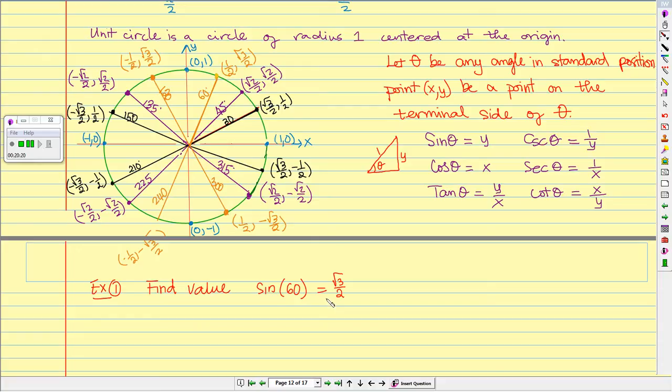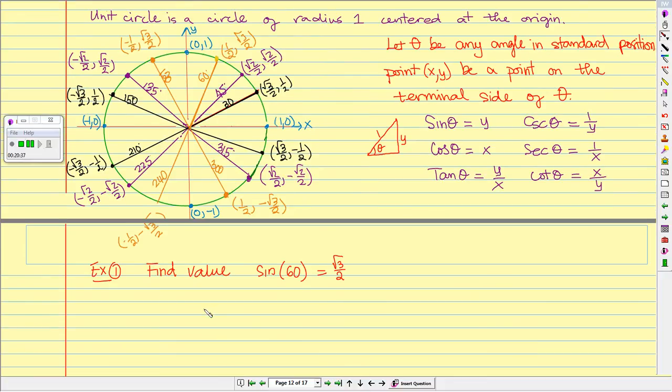So it means that you really don't have to use the calculator if we give you angles that are multiples of 30, 45, or 60. So let's look at the next one. Now we want you to find the value, so this is example 2. Find the value for cosine of 135 degrees.